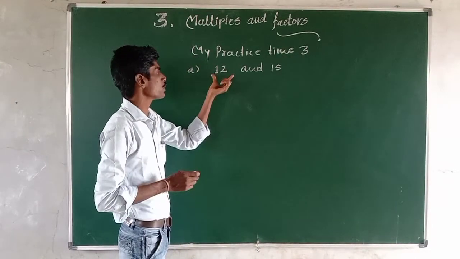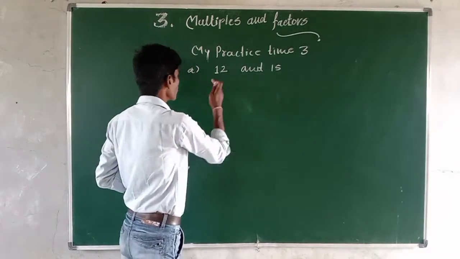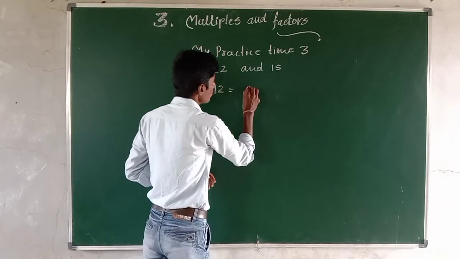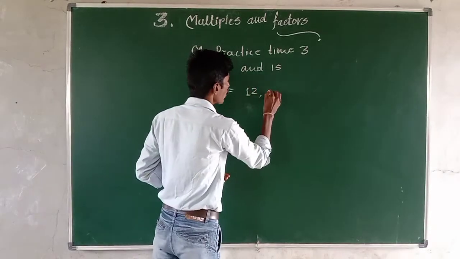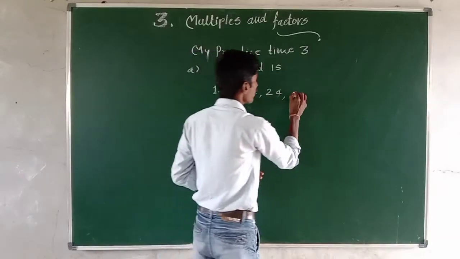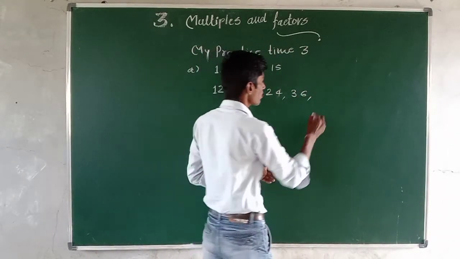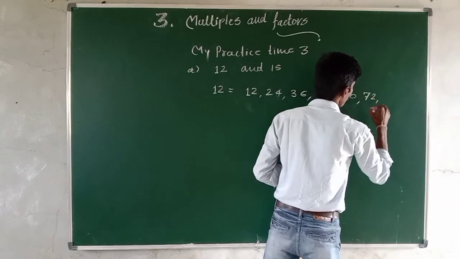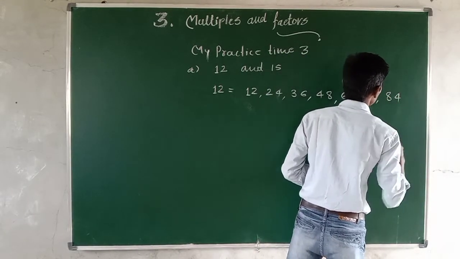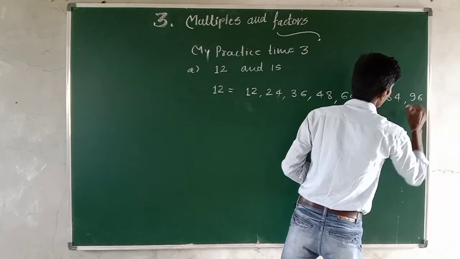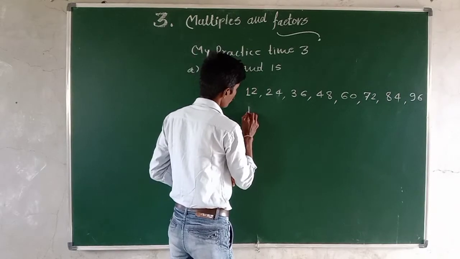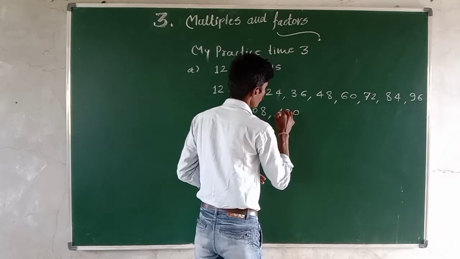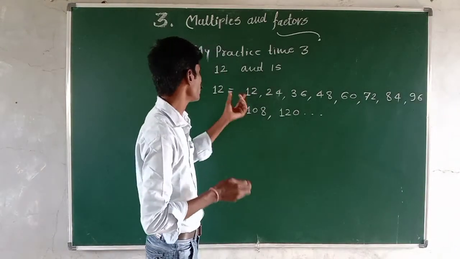So first we find the multiples of 12. 12 1s are 12, 12 2s are 24, 12 3s are 36, 12 4s are 48, then 60, 72, 84, 96, 108, and then 120. These are the 10 multiples of 12.